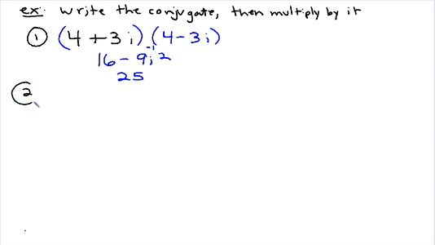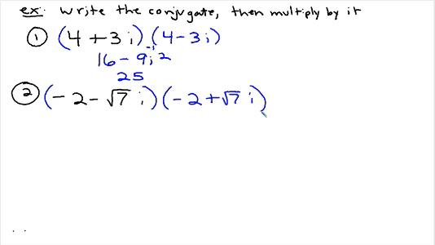This one works the same way, it's just maybe a little bit uglier in the way it's written. Negative 2 minus the square root of 7i is still a complex number, it's just not as pretty. So my conjugate of that would be negative 2 plus the square root of 7i.